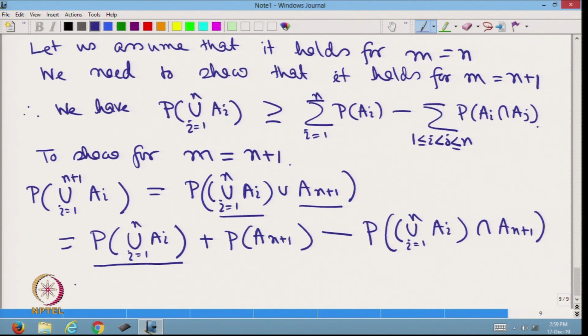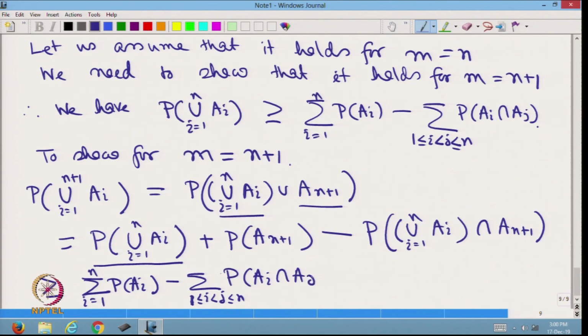By induction hypothesis, this is greater than or equal to sigma probability of Ai, i is equal to 1 to n, minus sigma 1 less than or equal to i less than j less than or equal to n of P(Ai intersection Aj).